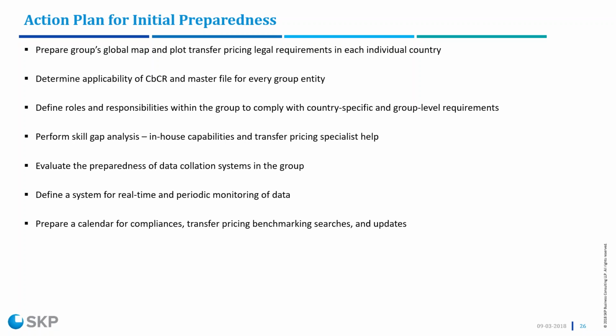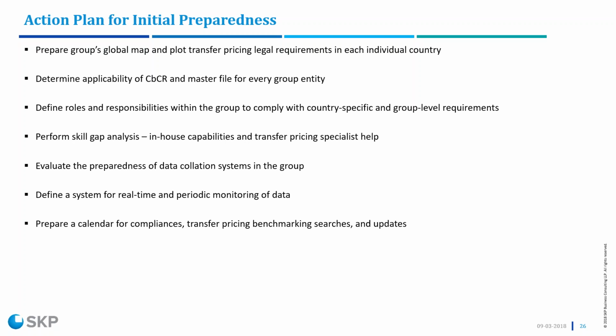Obviously, one needs to understand how these details are being collated at a group level, what kind of group level details are available, what are not available, and wherever there are gaps, try and fill up those gaps. It's very important to make a good interpretation of the group-wide data that is collated and see if there are no red flags or no areas which can be caught by the tax authorities.